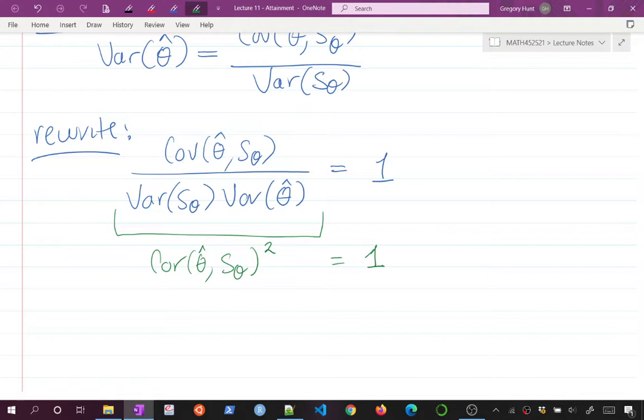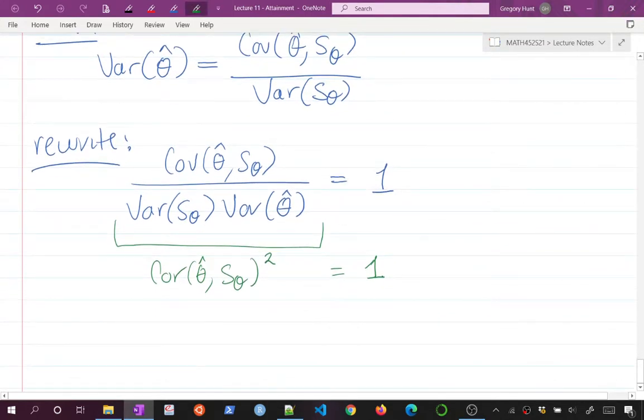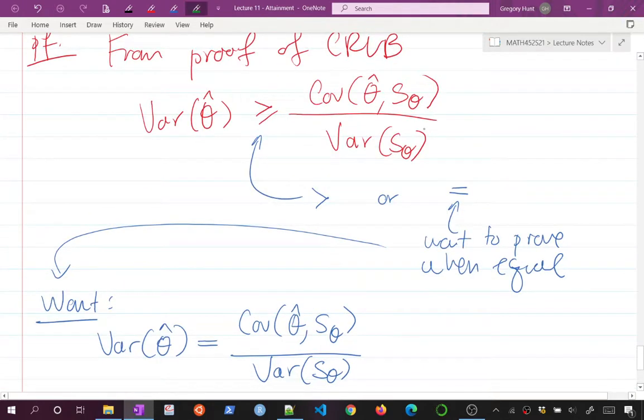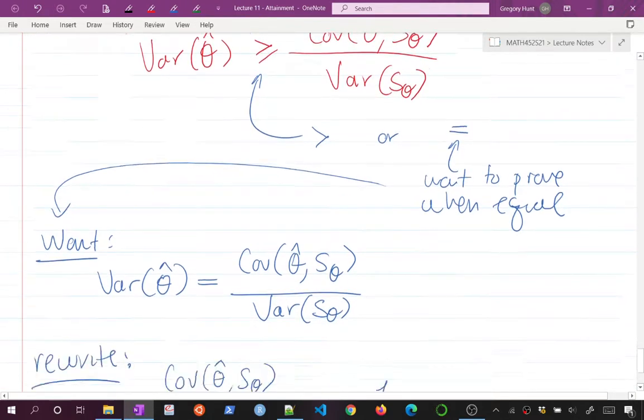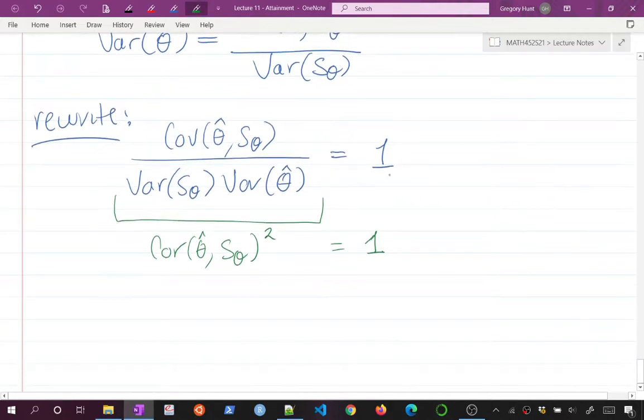And I'm saying if my theta hat achieves the Cramer-Rao lower bound, this squared correlation must be equal to 1. Written in another form, we want it to be equal, not greater than, which means that this whole thing has to be equal to 1 upon rearrangement, and that is the squared correlation.